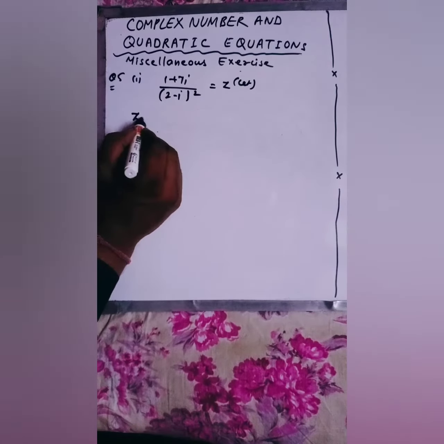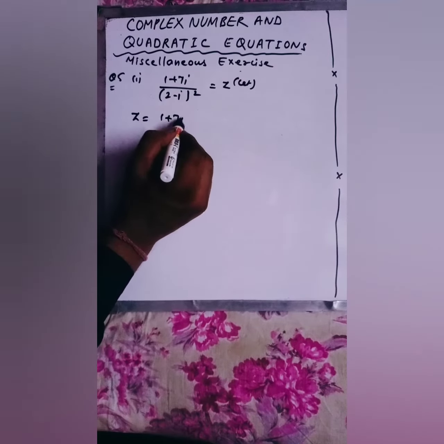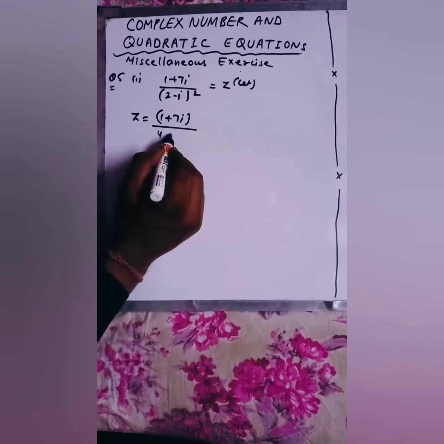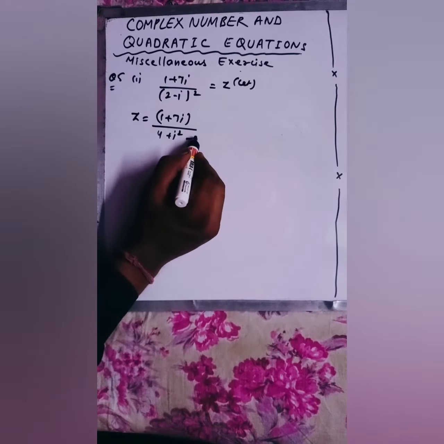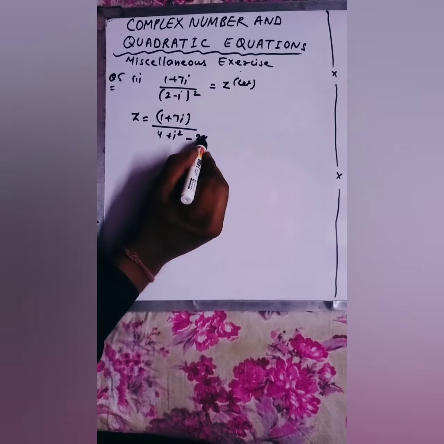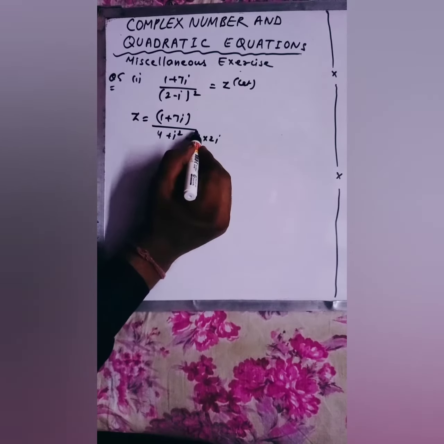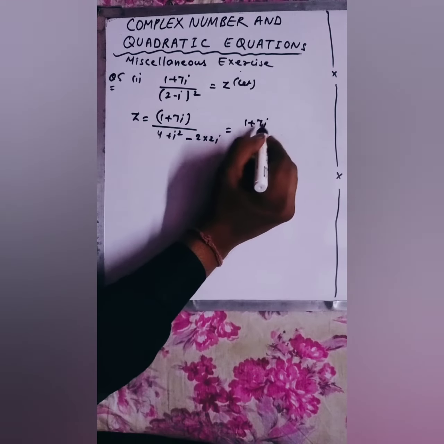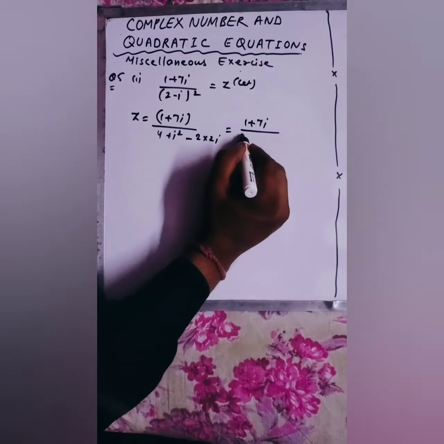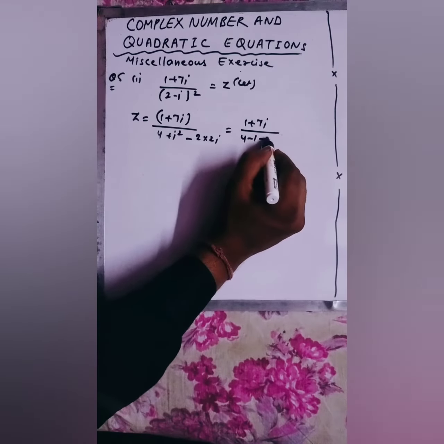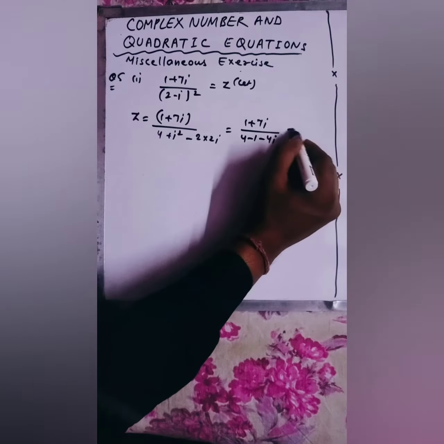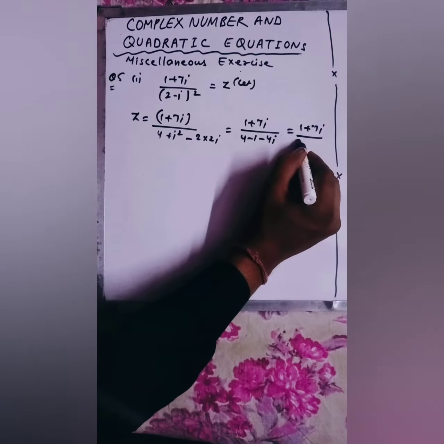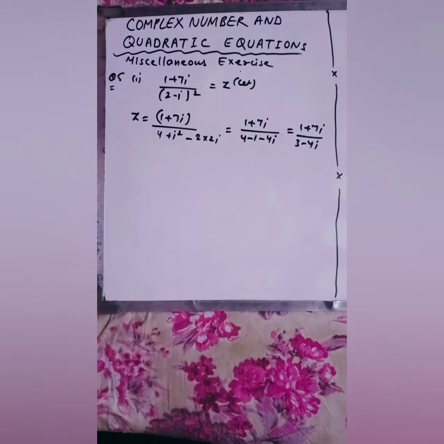Your z would be equal to 1 plus 7 iota over (a square plus iota square b square minus 2ab into iota), and you will get 1 plus 7 iota over 4 minus 1 minus 4 iota, and you will get 3 minus 4 iota.